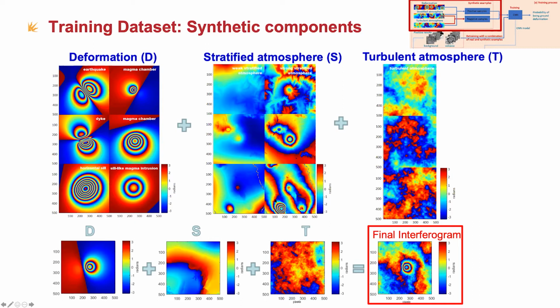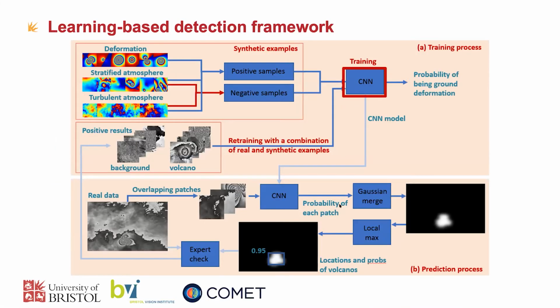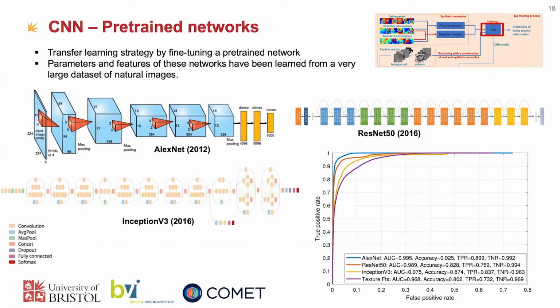So now we have the data prepared, and next, I'll talk about how to build the model. We use a CNN because we only want to detect those fringes, and we use a technique called transfer learning. So we use a pre-trained network.